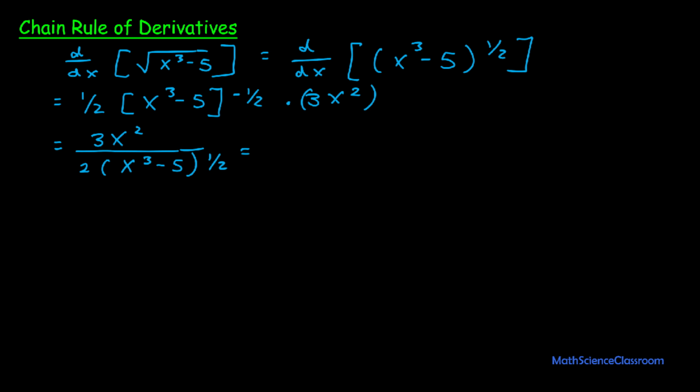And now we're going to put it in the original form using the square root symbol. So 3x squared over 2 times the square root of x cubed minus 5.